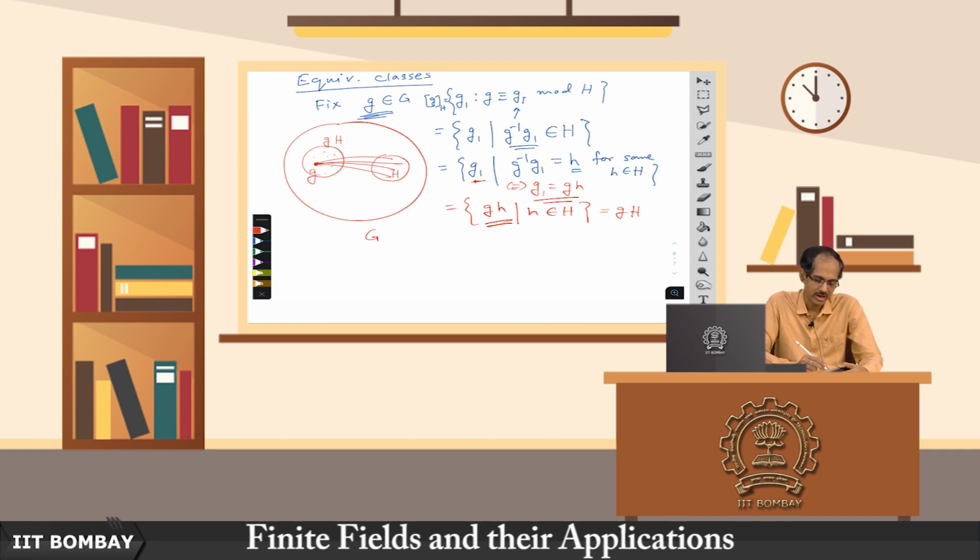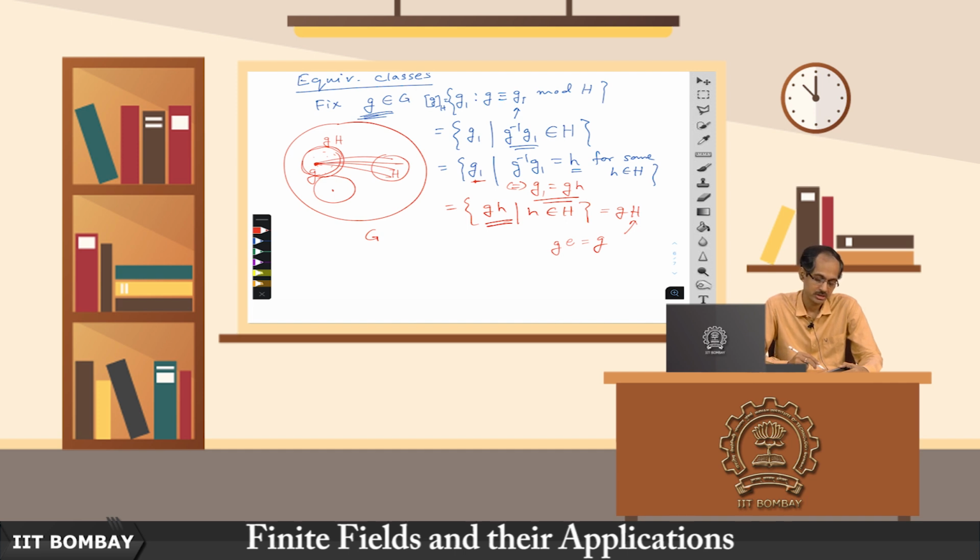Now, the way I have drawn it, this g itself belongs to gH, and that is true because gH has the identity element also. So, g times e is also there and it is equal to g. So, g is also there in that left coset. Okay. So, any element, its equivalence class is something here, and we know that equivalence classes partition the whole set for any equivalence relation.